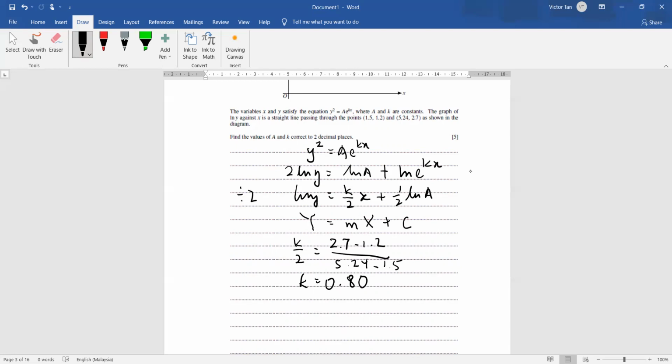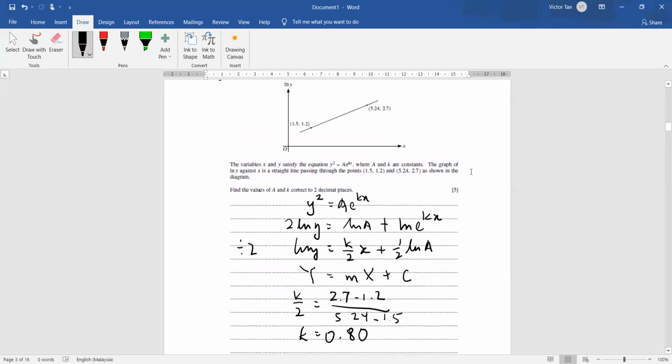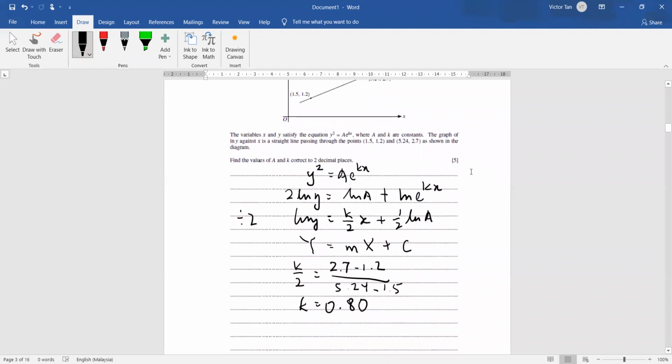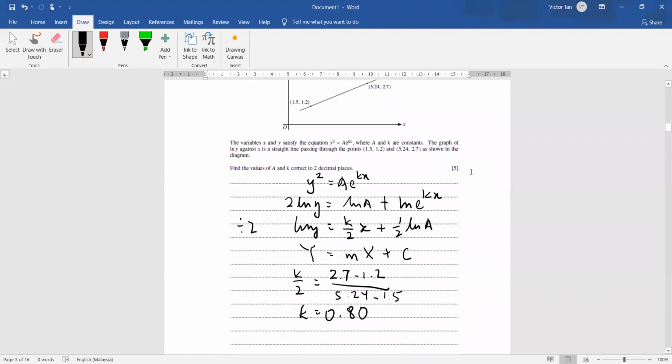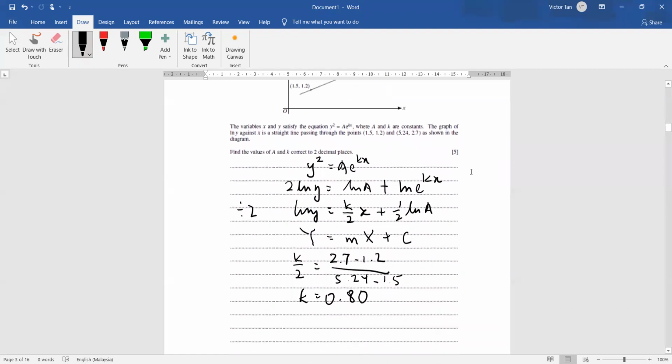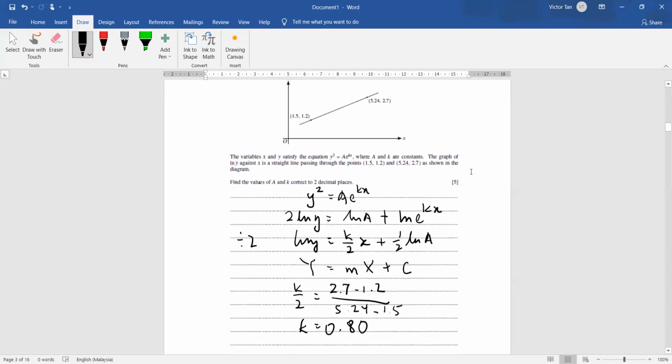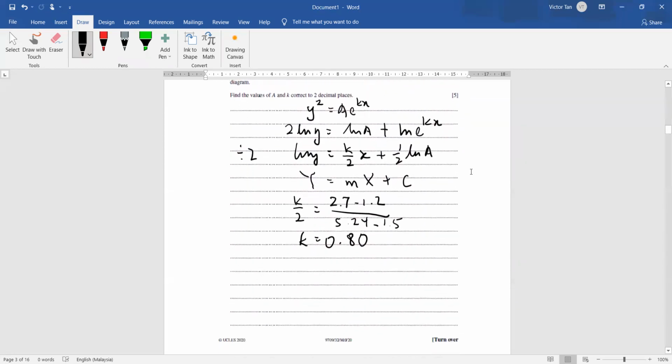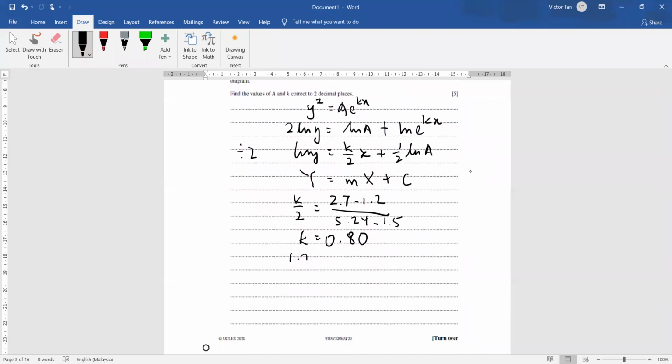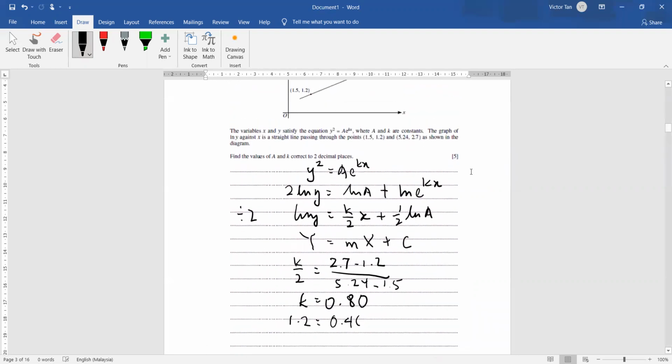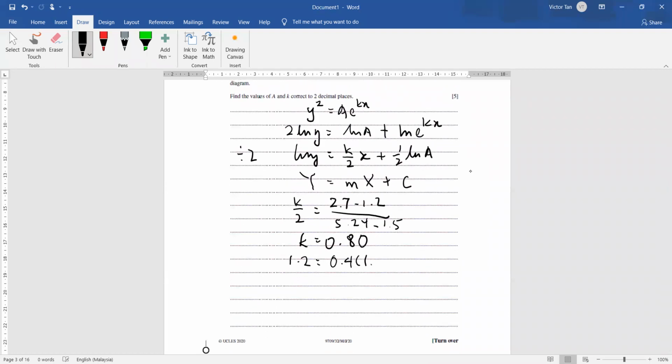Now, by substituting the values of the coordinates, you can find the intercept. So you take the point 1.5 and 1.2. So 1.2 equals 0.4 times 1.5 plus c.